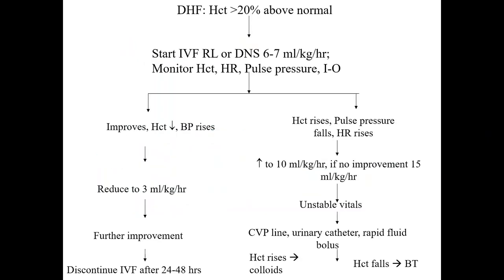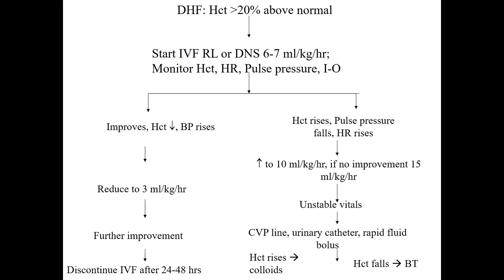There is an algorithm that tells us how we can manage the patient with dengue hemorrhagic fever. If the hematocrit is 20% above normal, then we can consider that patient for IV fluids, that is Ringer's lactate or dextrose saline or normal saline, at the rate of 6 to 7 ml per kg per hour.